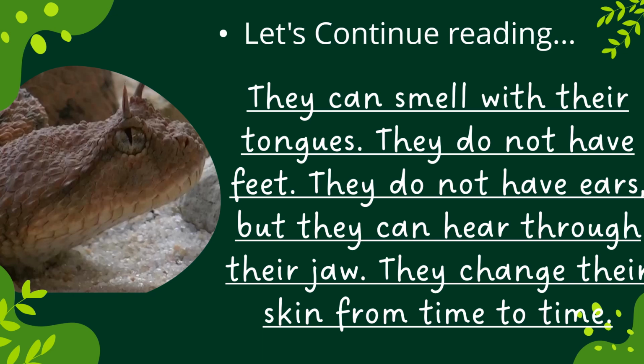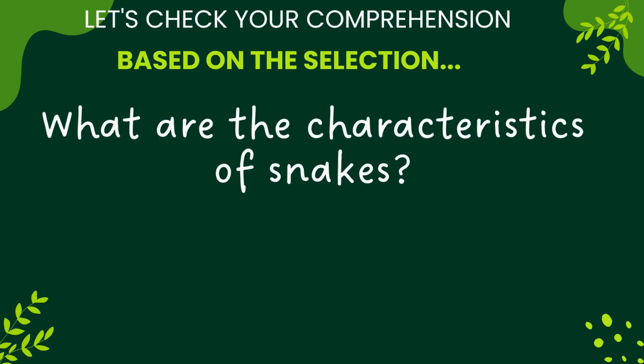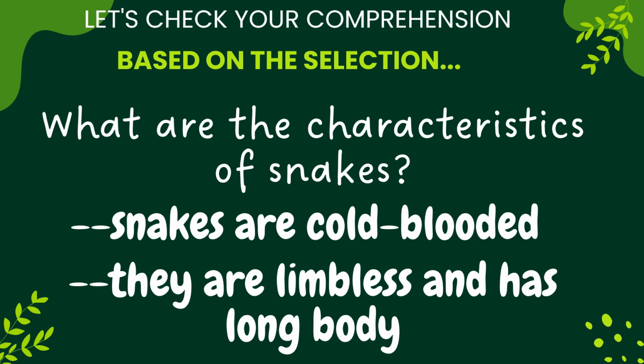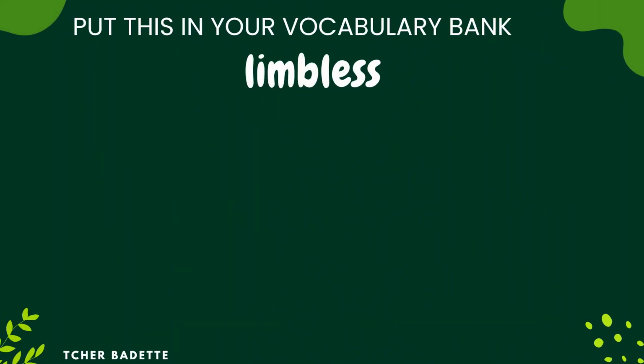They do not have feet and they do not have ears, but how can they hear the things around them? Through their jaws. Very good. And they change their skin from time to time. That's correct. So these are some of the characteristics of snakes based on your answers. Snakes are cold-blooded. They are limbless.